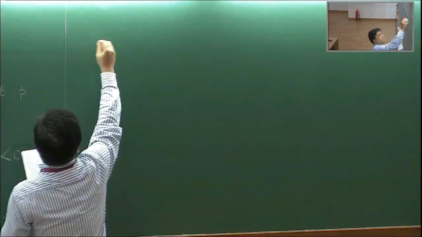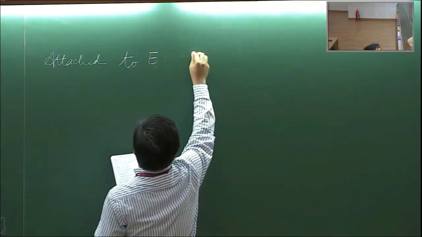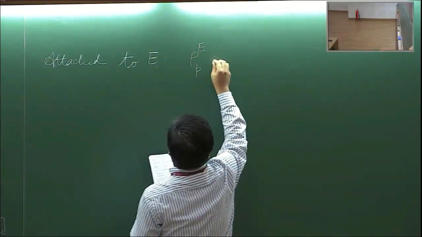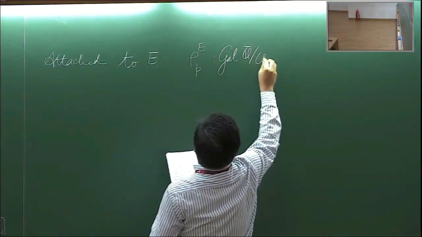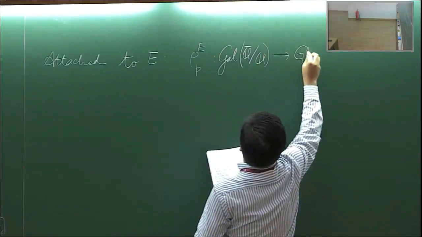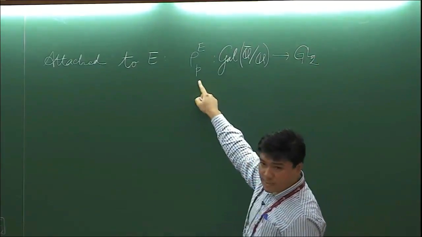so attached to E, I have a Galois representation rho_{E,P}, from the Galois group of Q bar over Q to GL2 of ZP.